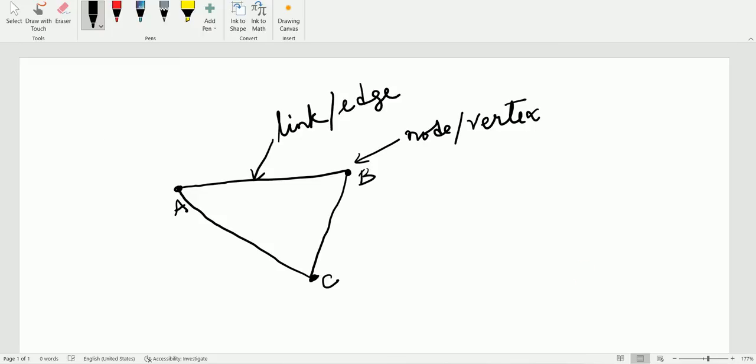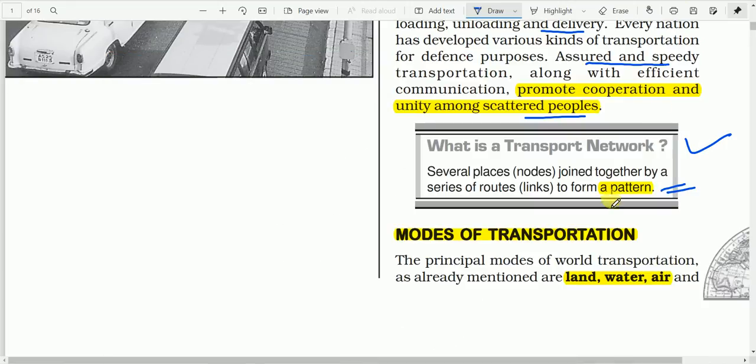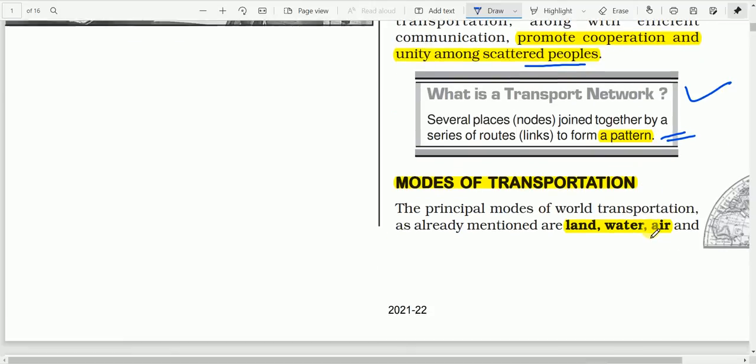Here maybe another place D may be linked with B also, or maybe with C also, and all these together form a transport network. So this is about the transport network. It's given in the box.